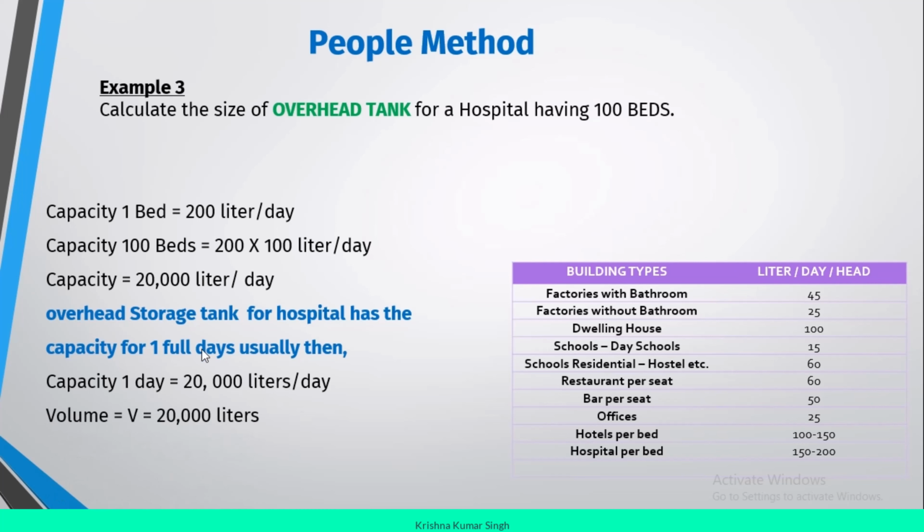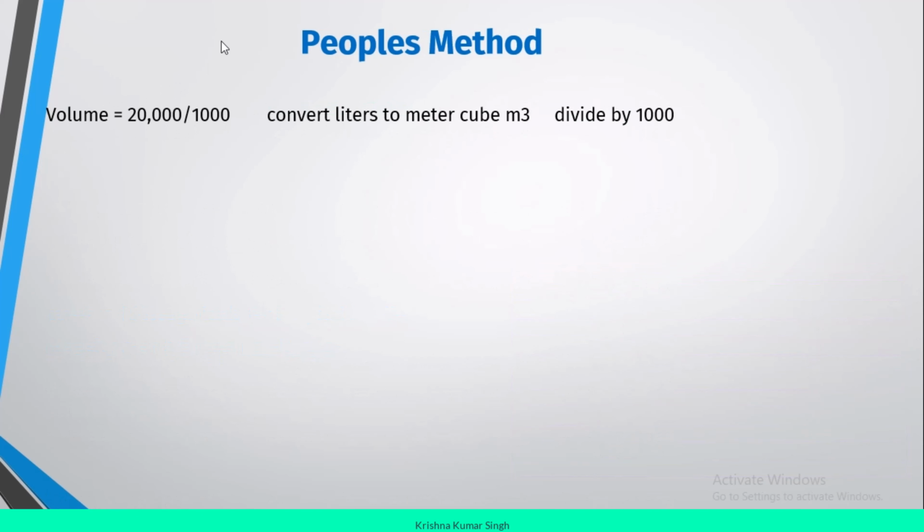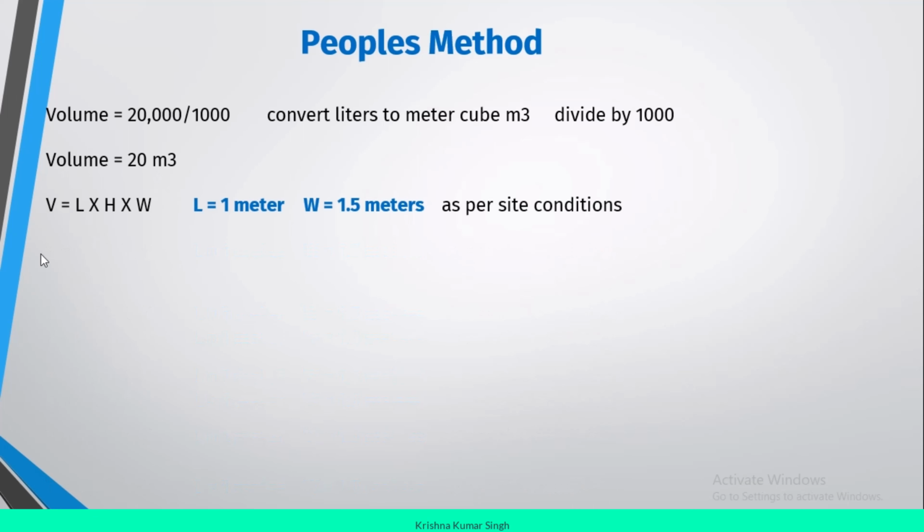I will remove the capacity word and change it with volume to avoid any confusion in my calculation. Now I will divide with 1000 to convert into meter cube. 20 meter cube will be the answer. Now I will use the same formula because I want to design a rectangular storage tank.